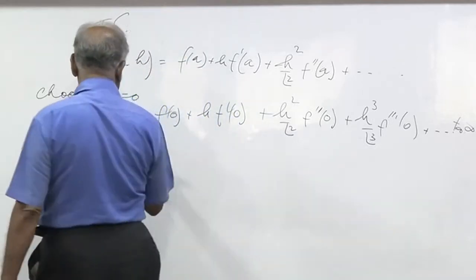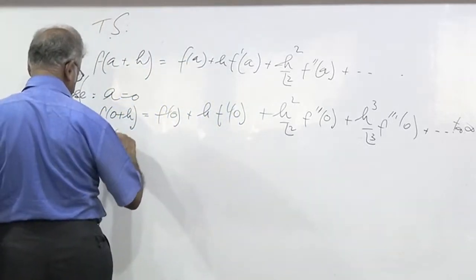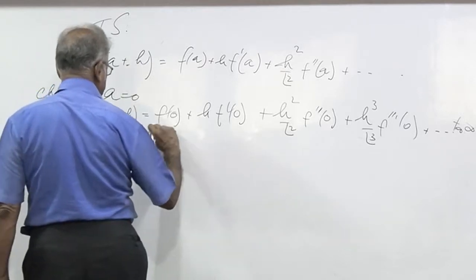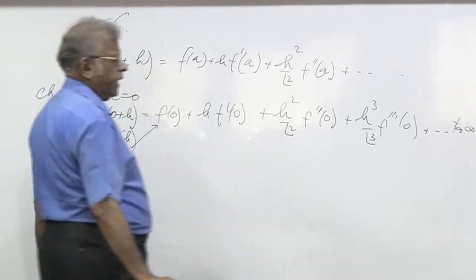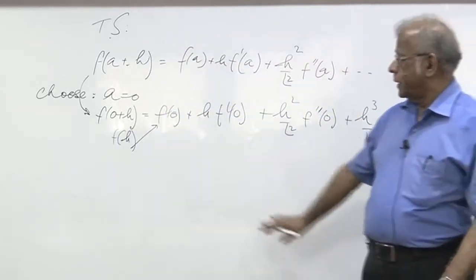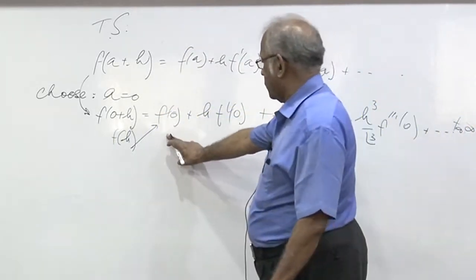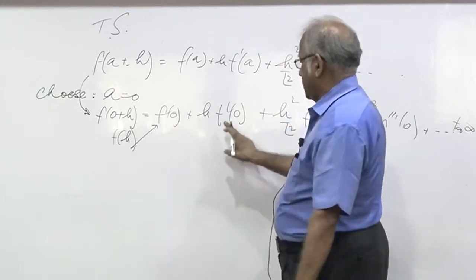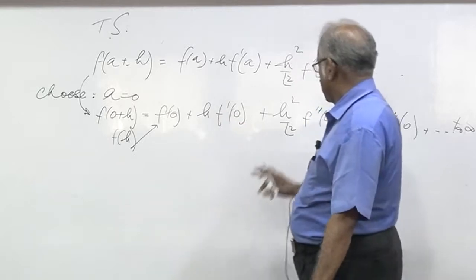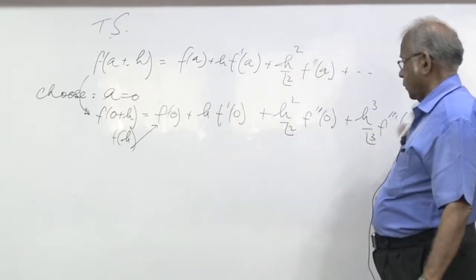Now, here this term is nothing but f(h), since 0 plus h is nothing but h. So, f(h) is expanded in terms of f naught, the value at the origin, f dash naught, the first derivative evaluated at the origin, and so on, so forth.